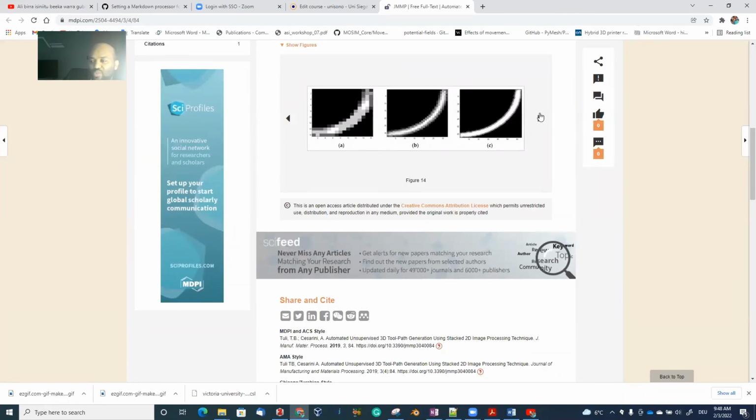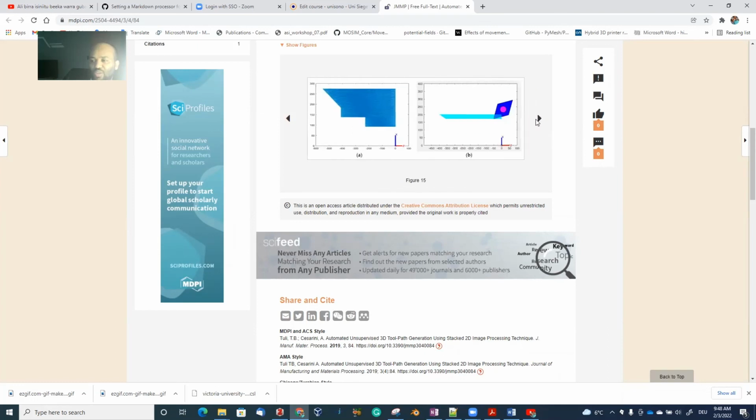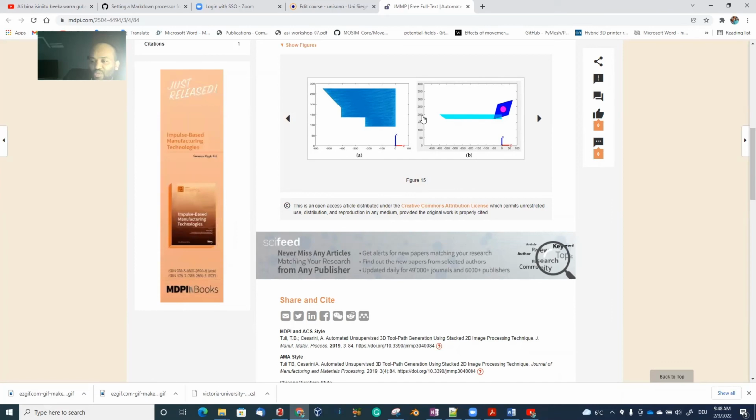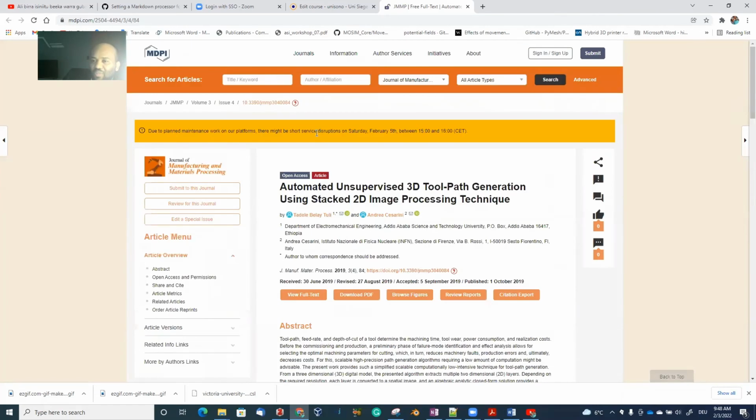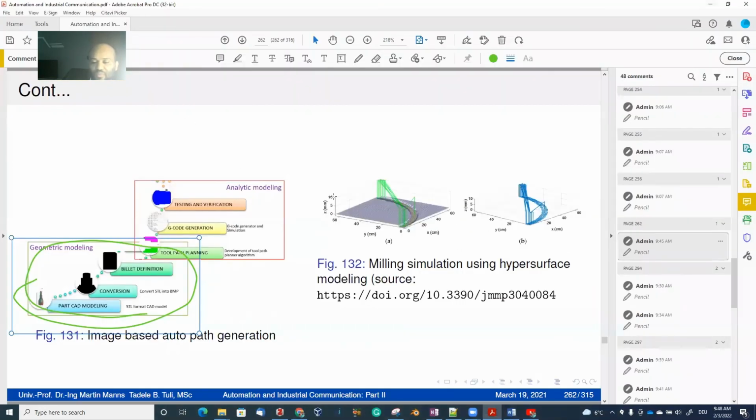This is the logic I implemented in order to filter out. This is my tool simulation where I try to simulate the pass. Yeah, something like this. So it's also possible to implement these functions like that.